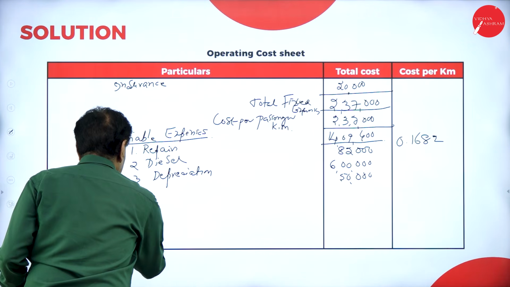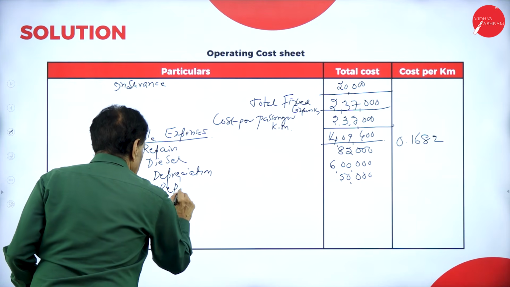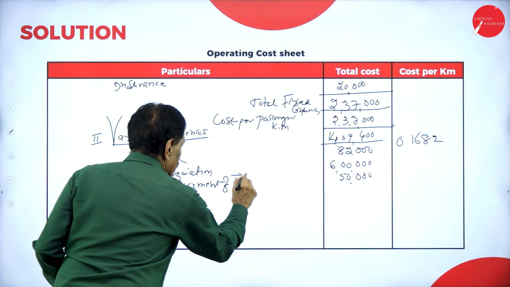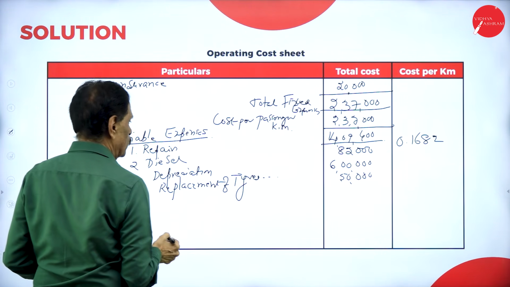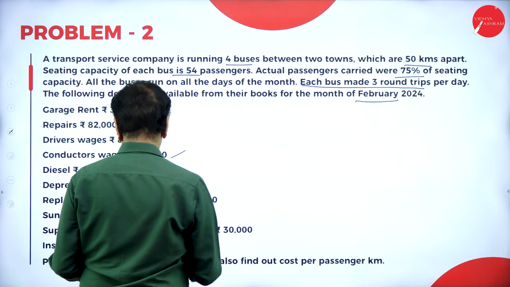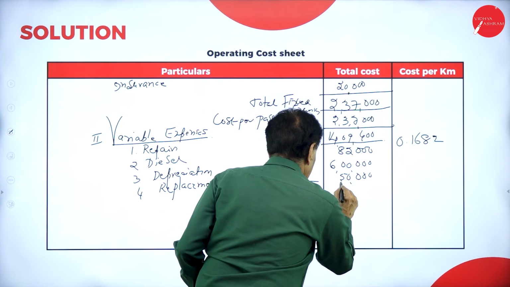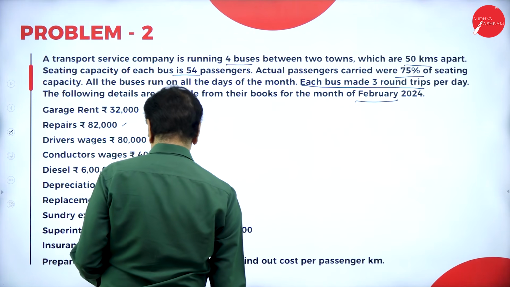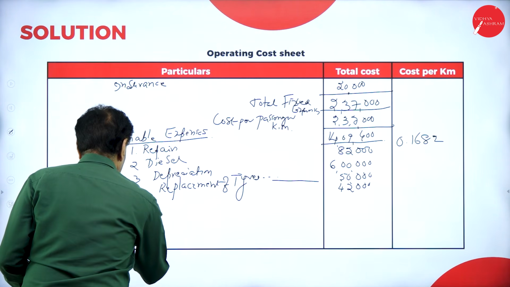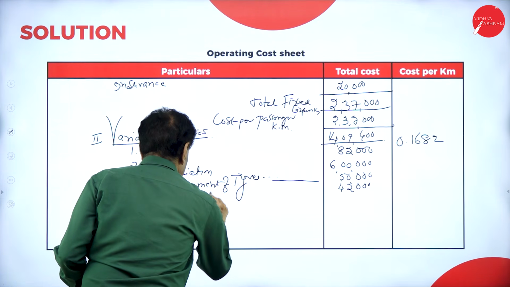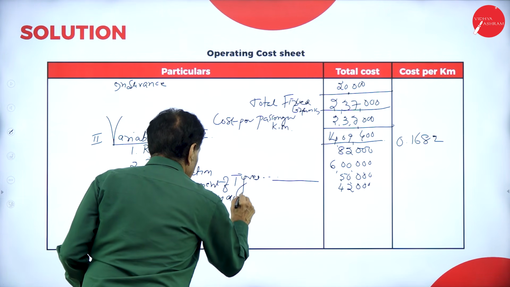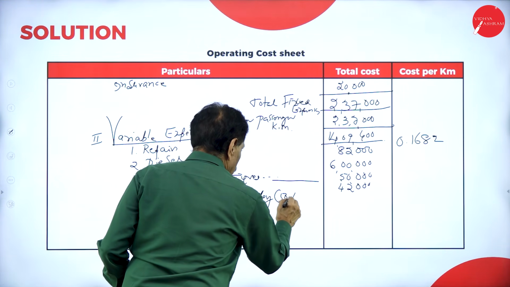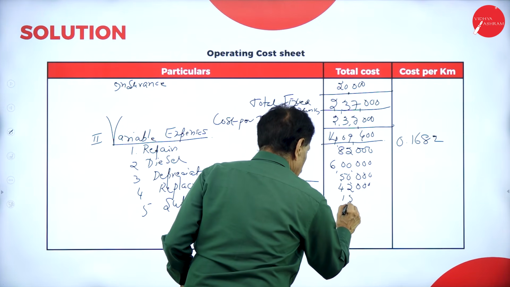Replacement of tires and tubes, 42,000. Superintendent salary 50%, 15,000.